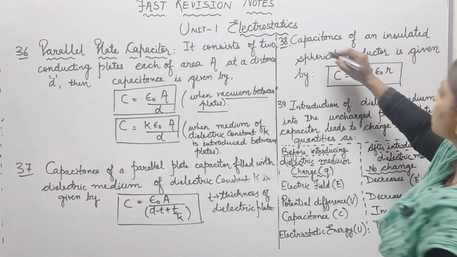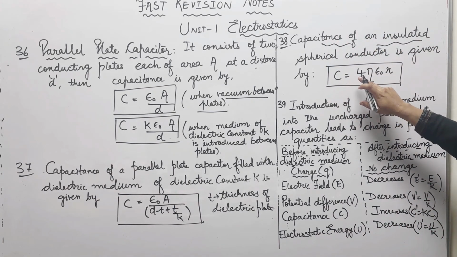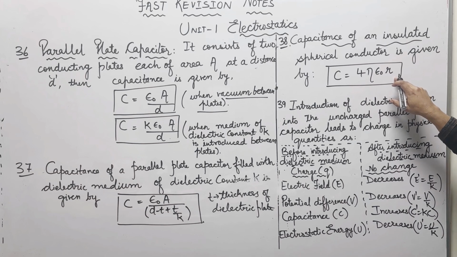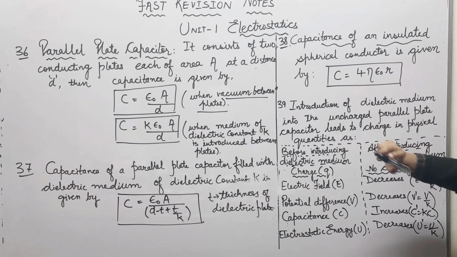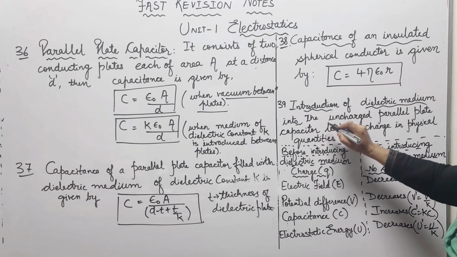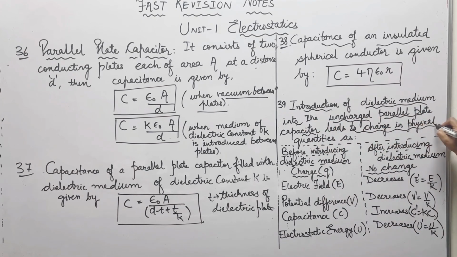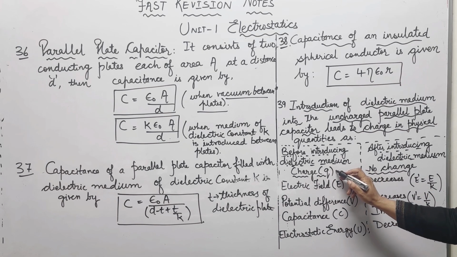Capacitance of an insulated spherical conductor is given by C is equal to 4 pi epsilon naught R. The next is the introduction of a dielectric medium into an uncharged parallel plate capacitor, which leads to changes in the physical quantities. If we introduce the dielectric medium between the plates of the capacitor, what changes will it make?